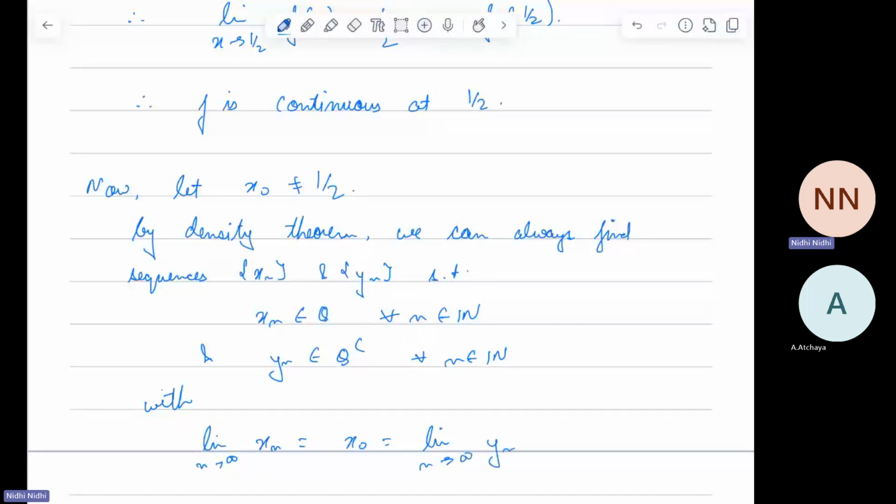So basically we got two sequences which are converging to the point x naught.